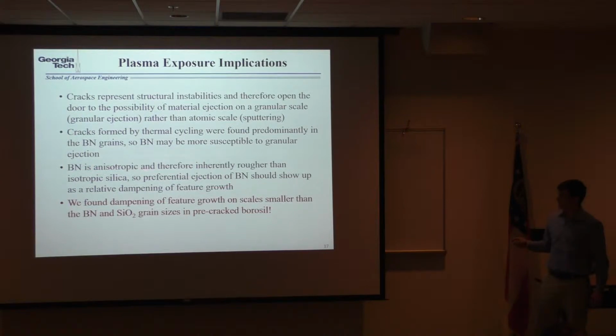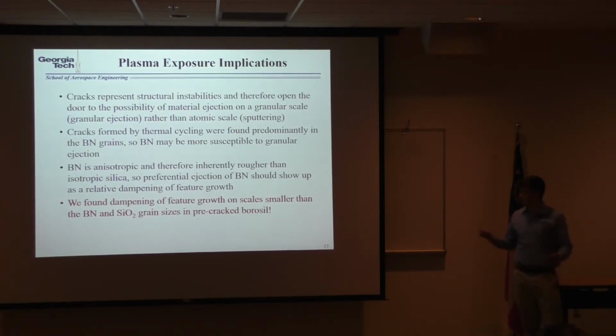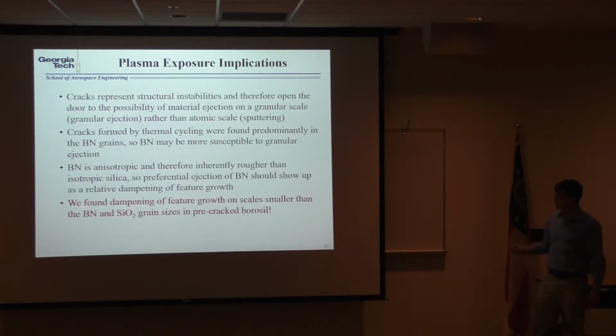Additionally, the boron nitride is anisotropic, whereas the silica is isotropic, so the boron nitride is a lot rougher than the silica. What that might mean is that if you were preferentially ejecting boron nitride at a granular scale, you could end up seeing relative dampening of small-scale feature growth, because the boron nitride would be gone and you'd be left with the smooth silica. And that's actually what we found.